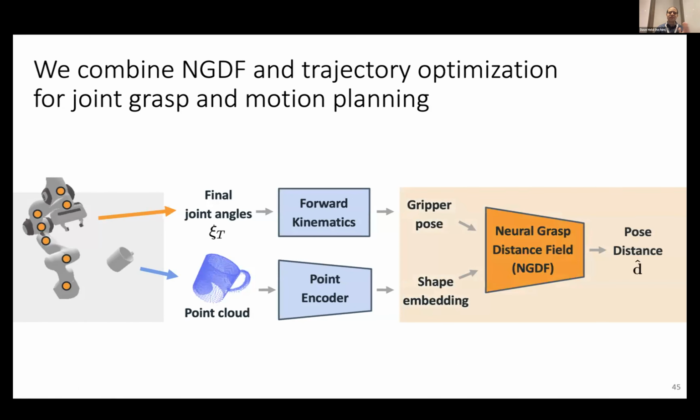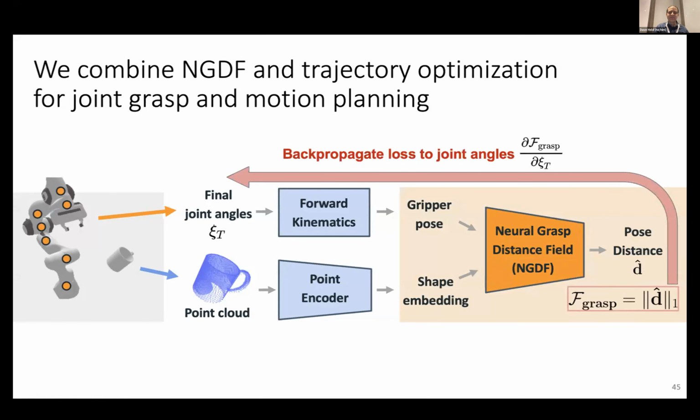We input these into our neural grasp distance field to get the distance to the best good grasp. That distance becomes one of our cost functions in our optimization, that we can backpropagate through the neural grasp distance field and through the forward kinematics to be able to update the joint angles of the robot.